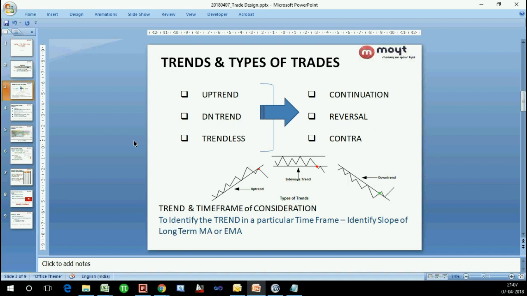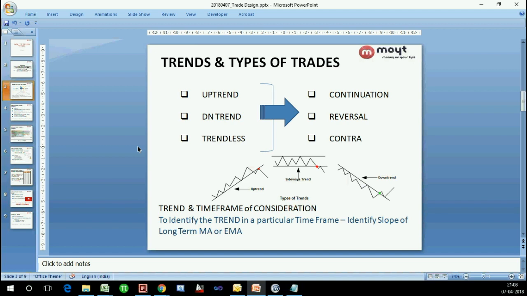So in one of the earlier sessions, many of you would have attended also, the first thing that starts when we look at the price movement or the chart is that we try to understand what is happening in the market, right? In that context, the first thing we should be aware of is how the prices are moving.